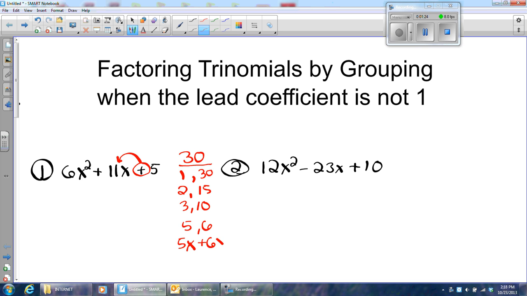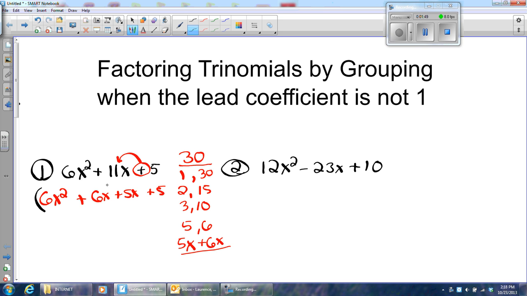All right, 5x plus 6x. So we're going to rewrite this 11x. We're going to take 6x squared, and I'm going to write plus 6x plus 5x plus 5. Now I know down here I wrote it as 5x plus 6x, but I decided to switch the order when I saw the lead coefficient x squared was 6 and the constant was 5. I thought it'd be easier to group them together.